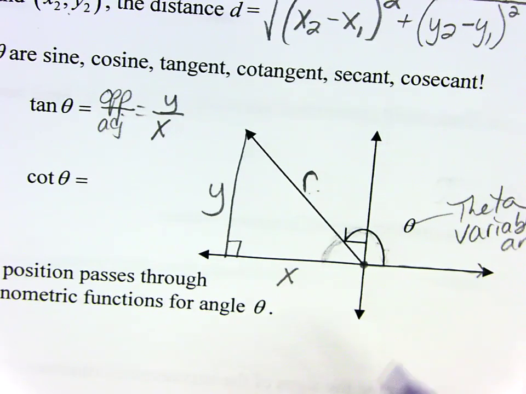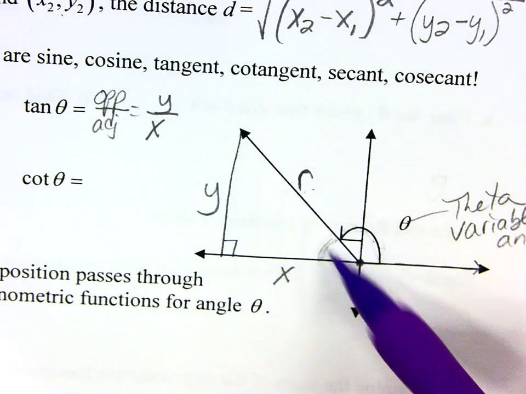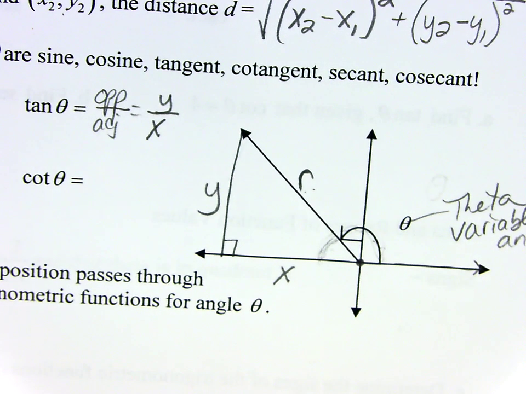If r were 0, so the length of that hypotenuse were 0, would I even have an angle? No, I wouldn't even have an angle. So I really don't have to worry about a scenario where r is 0, because then I don't even have an angle. But could you imagine an angle where x was equal to 0?